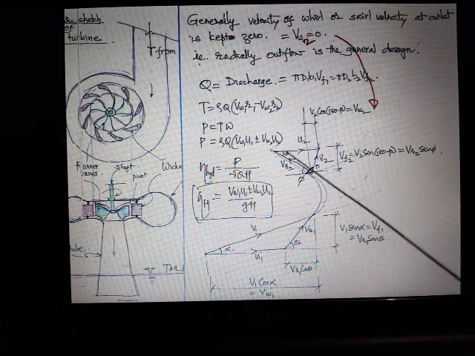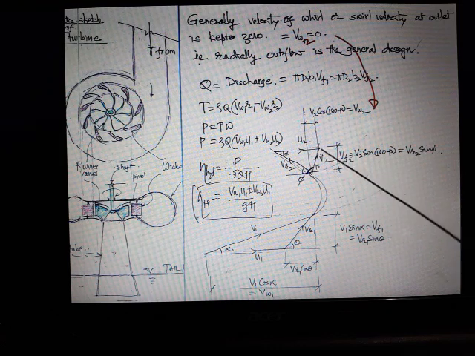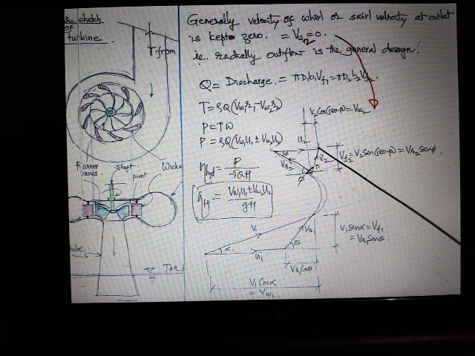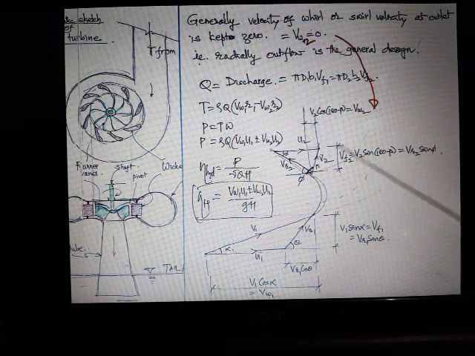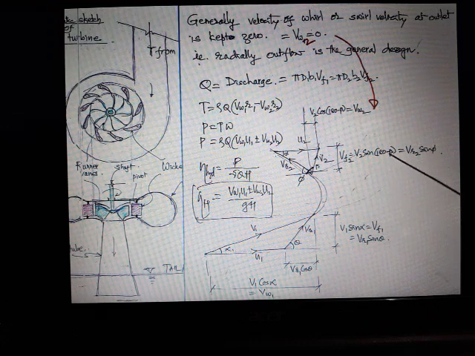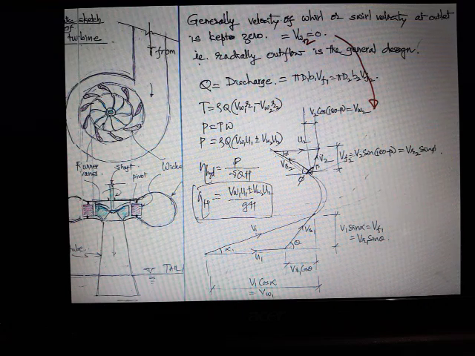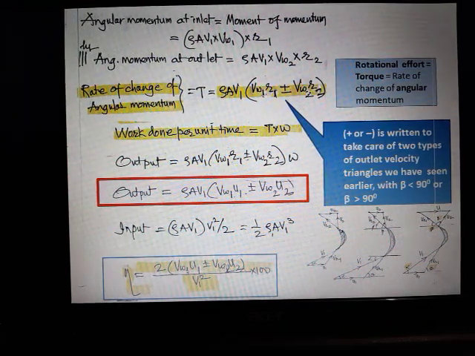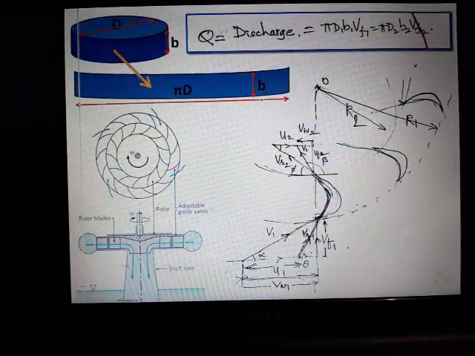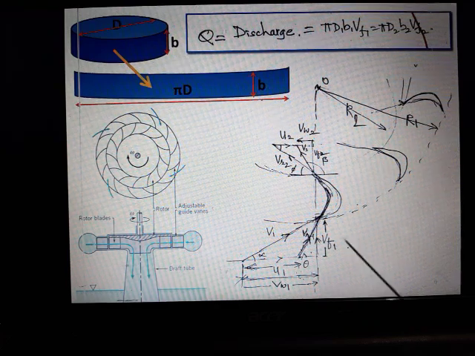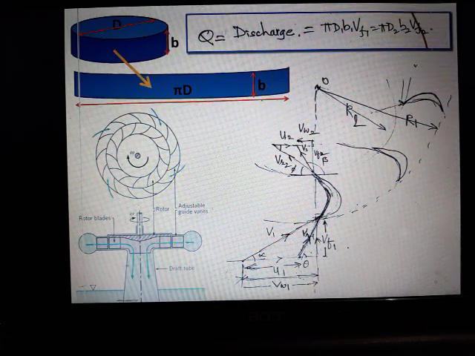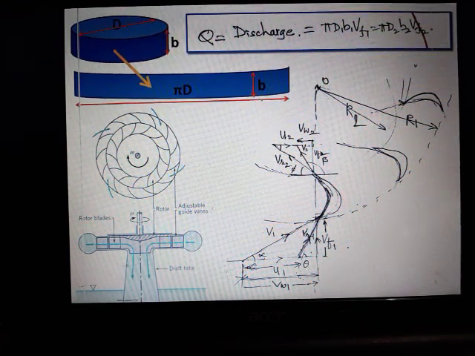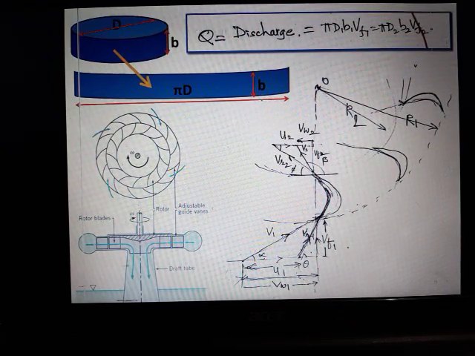In the outlet velocity triangle, you know that V2 is the absolute velocity of the jet, this component in the direction of U is VW2, and this is VF2. This is the velocity of flow. This we have already seen. Same thing is there here. This I'll explain in the next video.